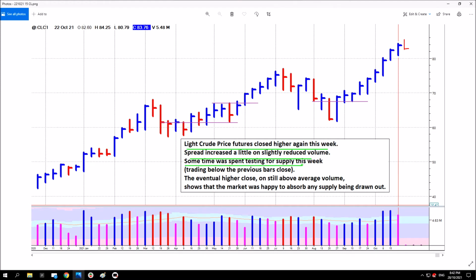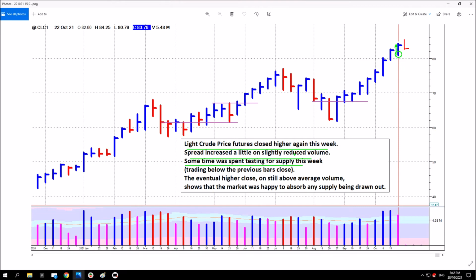When I say that on a weekly chart, the portion of the bar that's below the previous close, if you were on a smaller time frame like a daily, you would see price coming back and testing for support, finding generally that the supply that's drawn out has been absorbed, or that selling pressure is very low, and that's what's allowed the market to push up and close higher in the end.